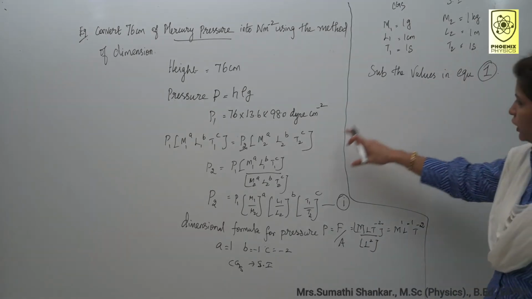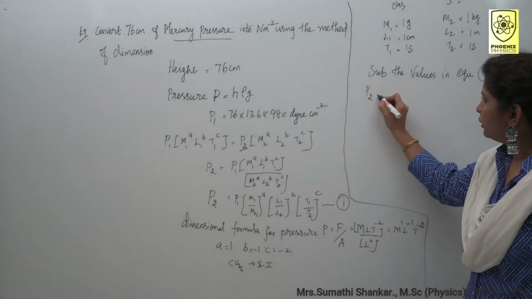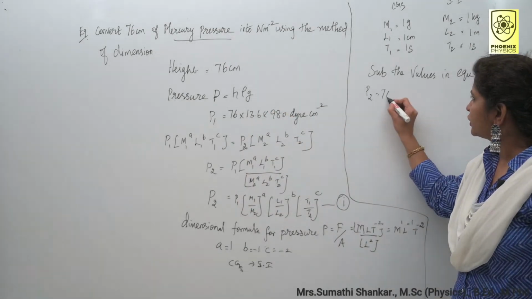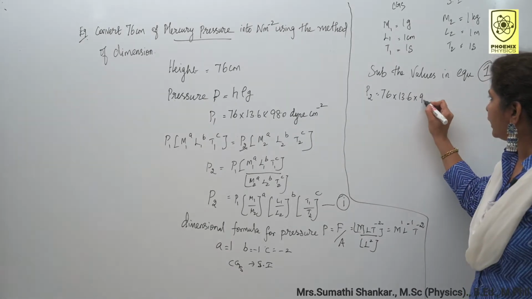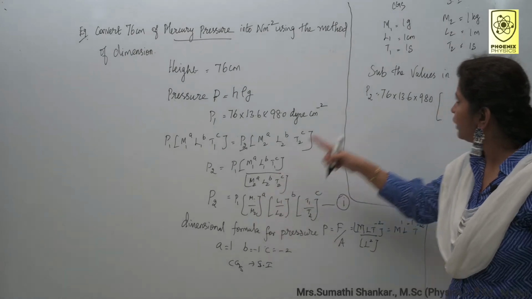So what is our equation 1? P2 is equal to P1. P1 value is 76 into 13.6 into 980. What is our M1 value?